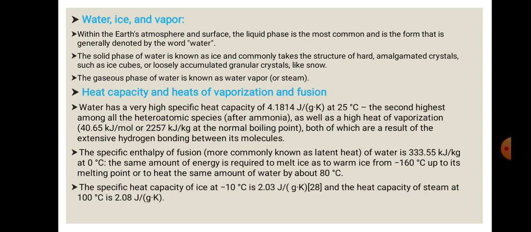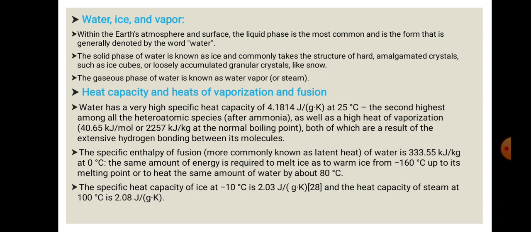The next property is heat capacity and heat of vaporization and fusion. Water has a very high specific heat capacity of 4.1814 joule per gram Kelvin at 25 degrees Celsius, the second highest among all the heteroatomic species.